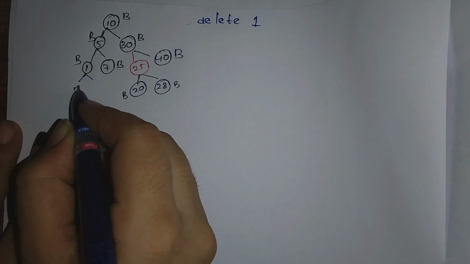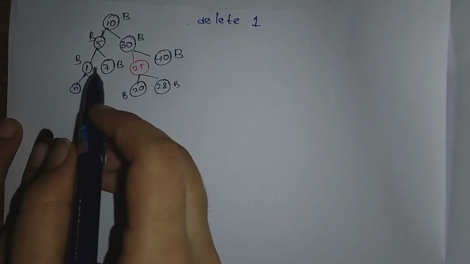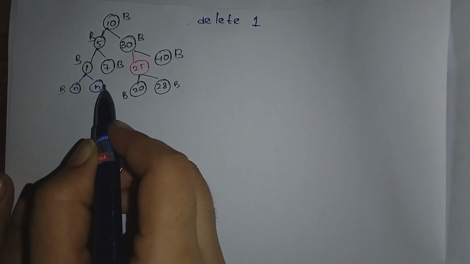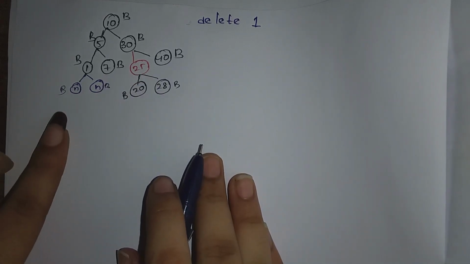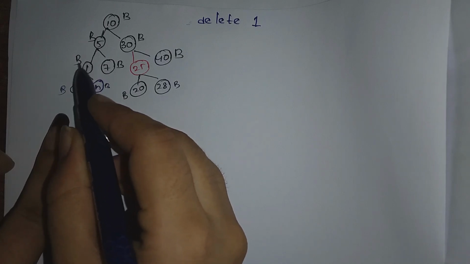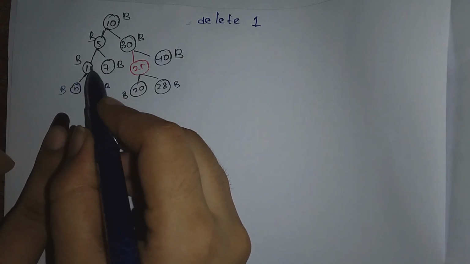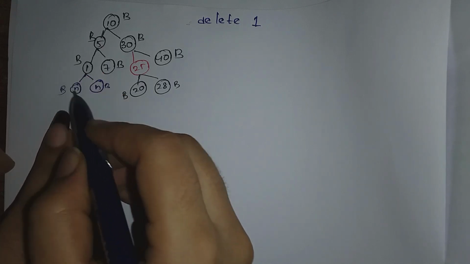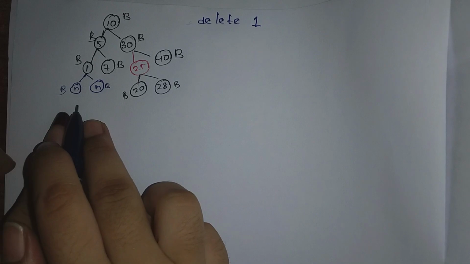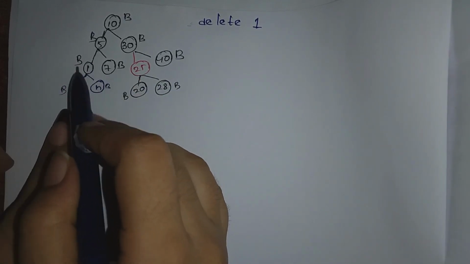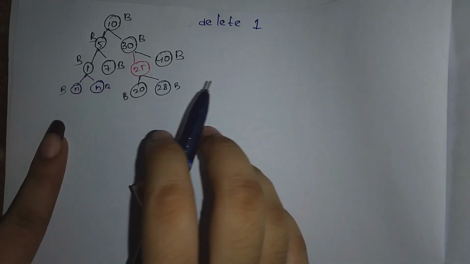Both the children are black. Then we need to delete this 1, and both of these nil children are combined and become double black. After deletion of 1, both are combined and become double black, like this.